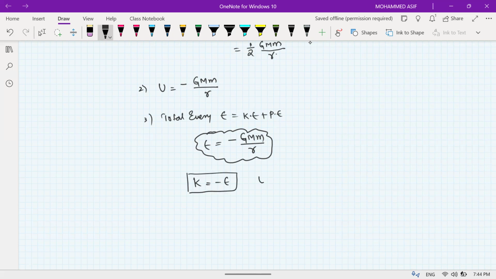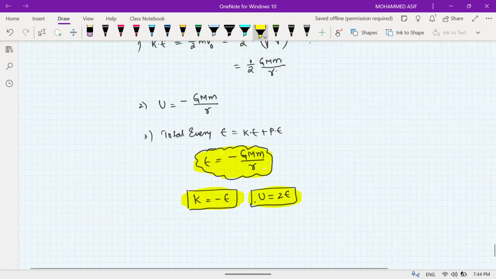And in the same way, potential energy is 2 times of the total energy. So this is your total energy, and the relation between them is kinetic energy is minus E and potential energy is 2 times of your energy E. Am I clear?